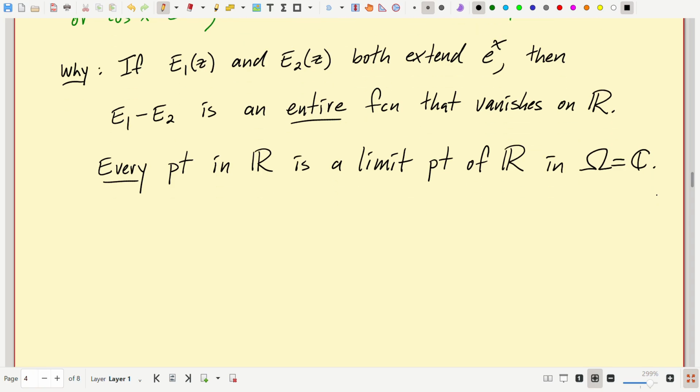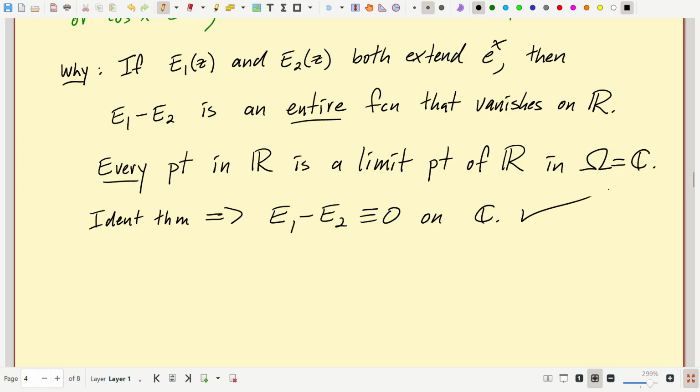So the identity theorem would imply that it's identically zero. So maybe that's overkill. E1 minus E2 is identically zero on C. So check, E1 is the same as E2.